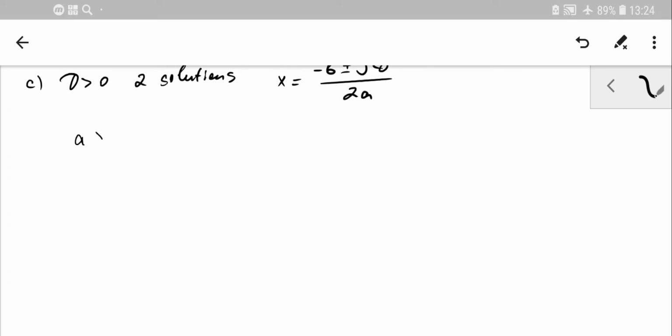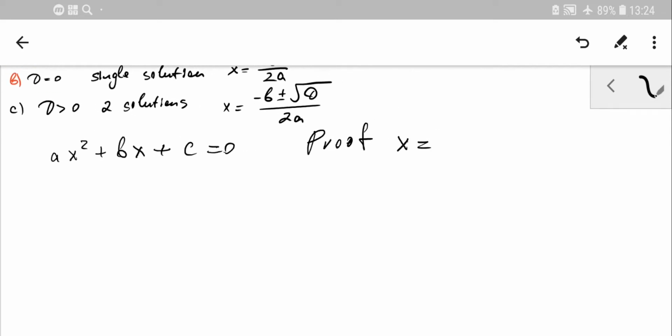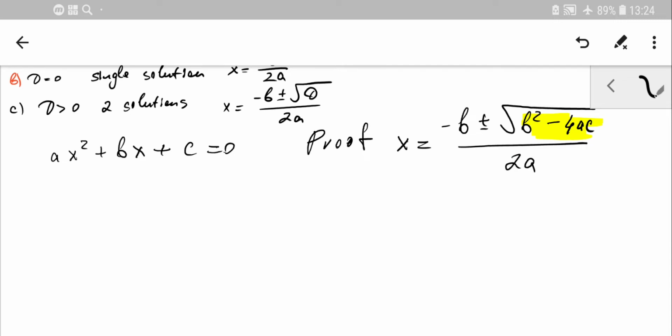So we have x squared plus bx plus c, and we would like to prove that x can be calculated. Instead of the discriminant, I simply use the full formula: b squared minus 4ac stays in place of the discriminant, over 2a.